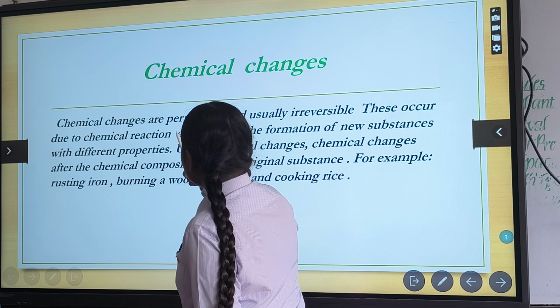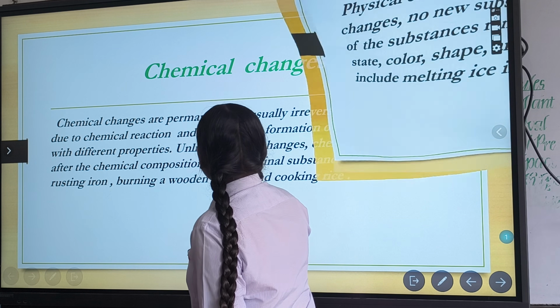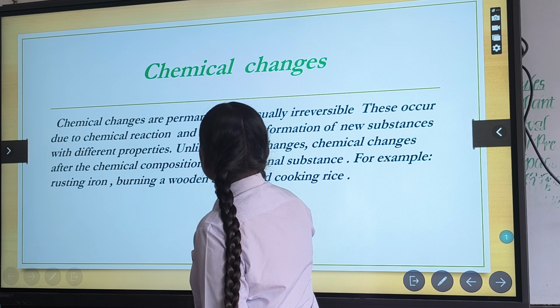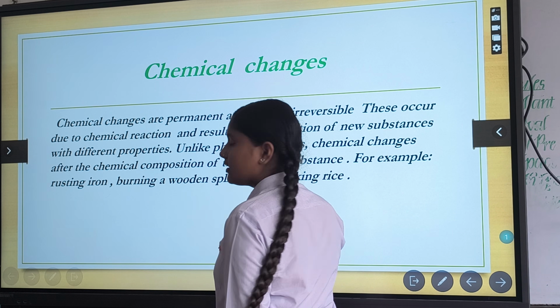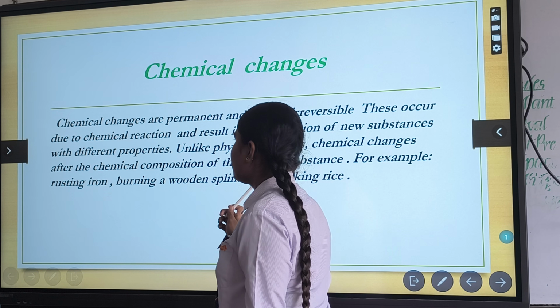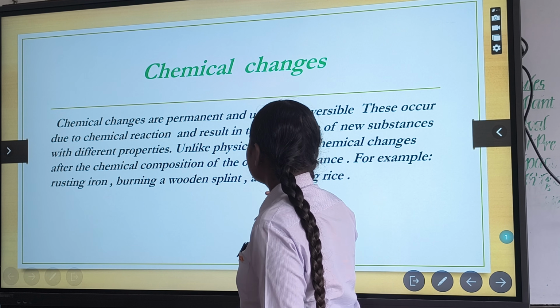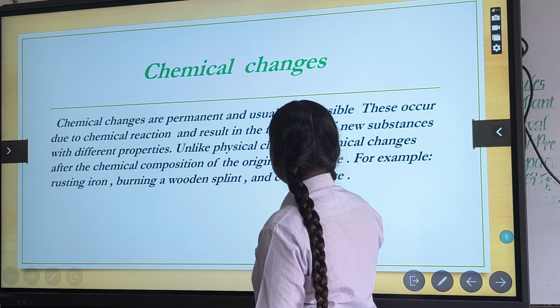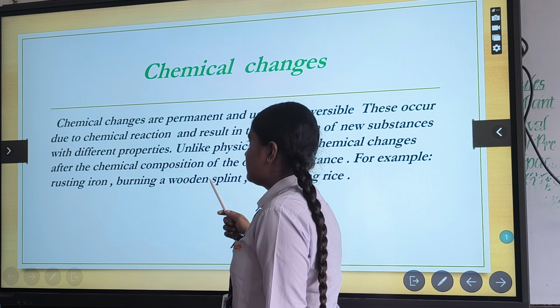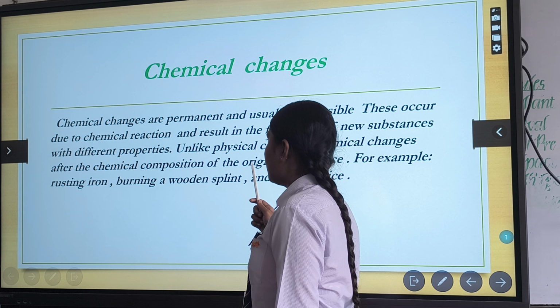Chemical change. Chemical changes are permanent and usually irreversible. This occurs due to chemical reaction and results in the formation of new substances with different properties.